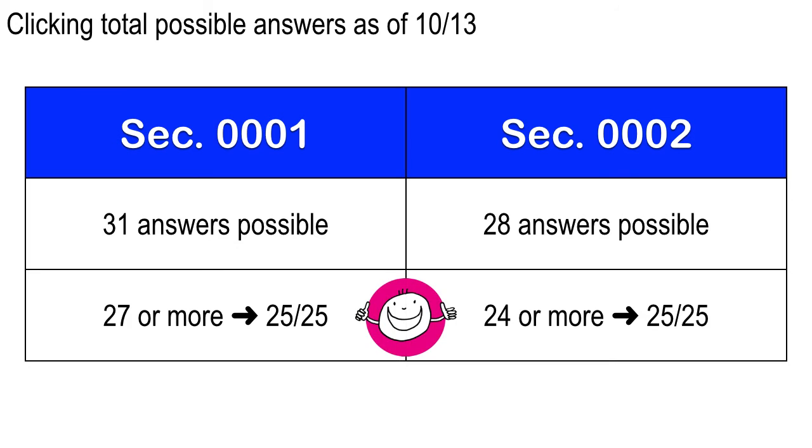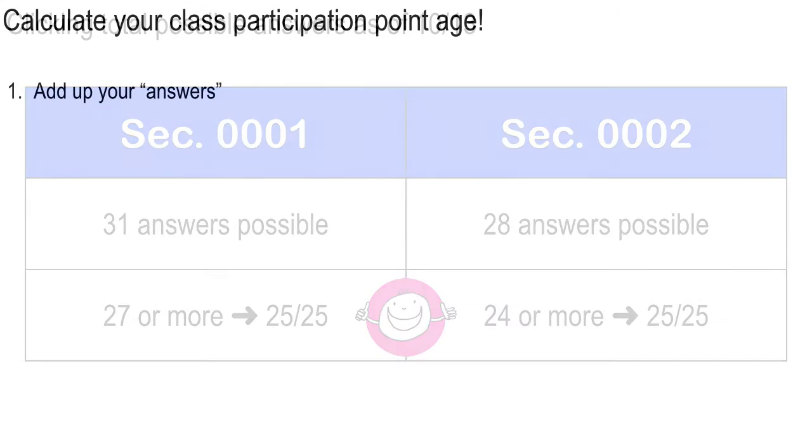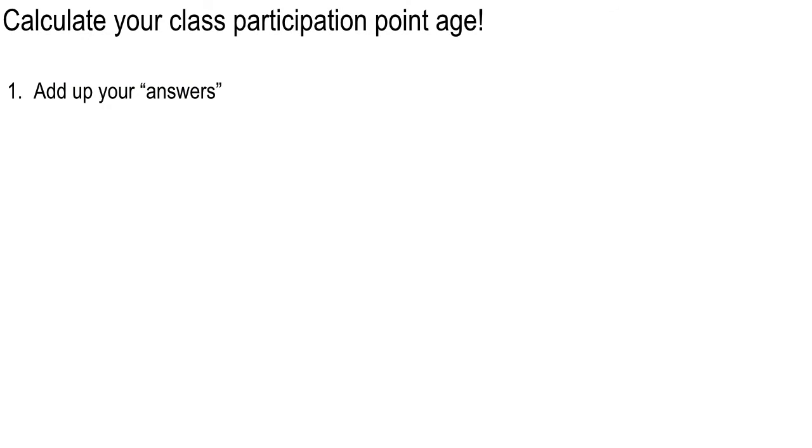And the good news is that there's a huge number of you that have the 85%. For Section 1, it's like 64%. Section 2, it's like 66%, something like that, have 25 out of 25.